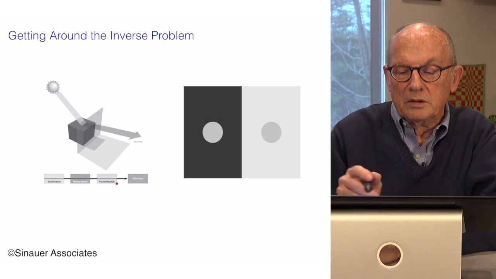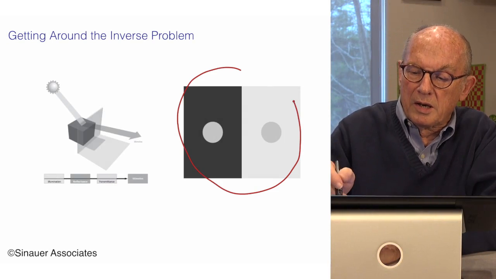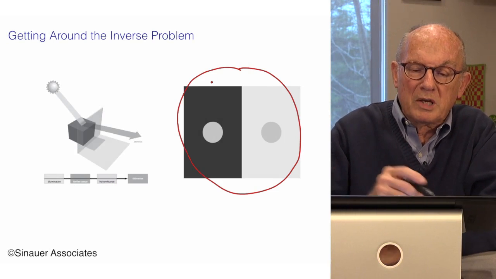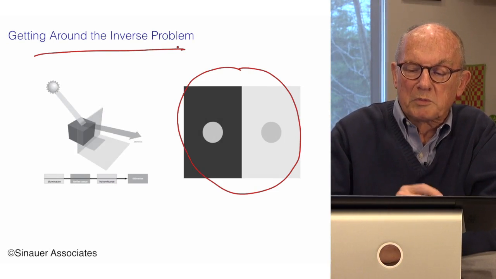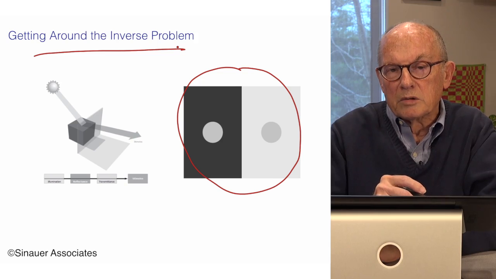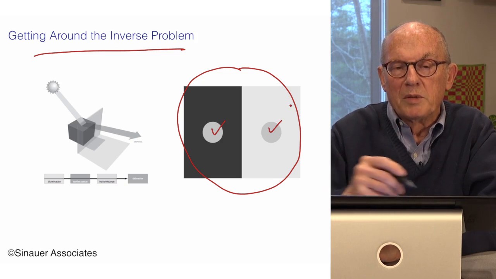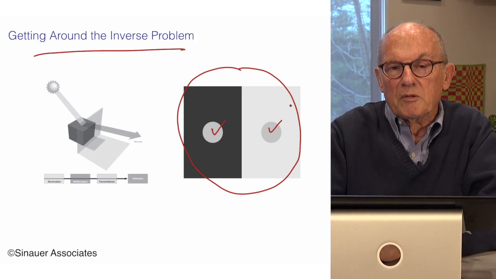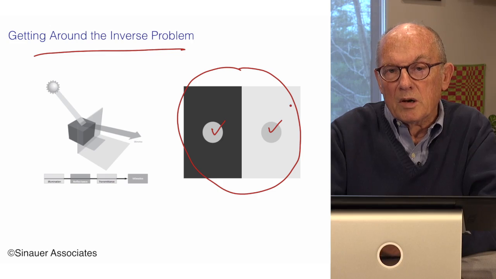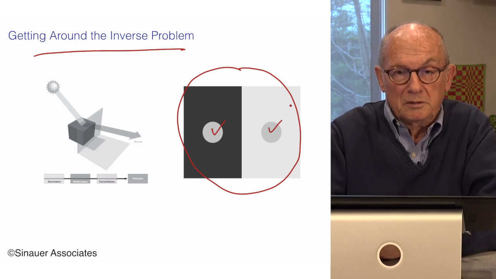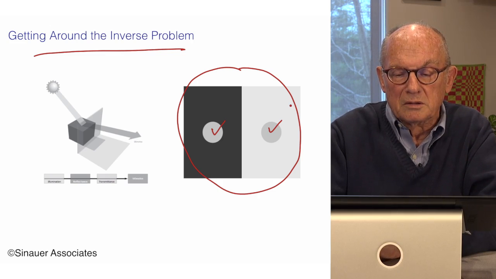And my point in this exercise is to try and explain how we can get around the inverse problem, and in the course of doing so, understand why it is that equiluminant patches look different from their physical reality in our perceptual domain of seeing light and dark.